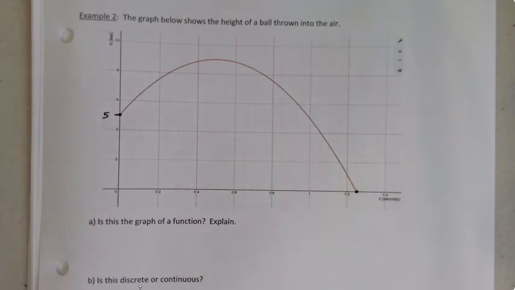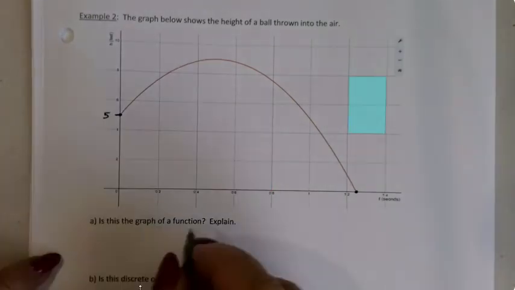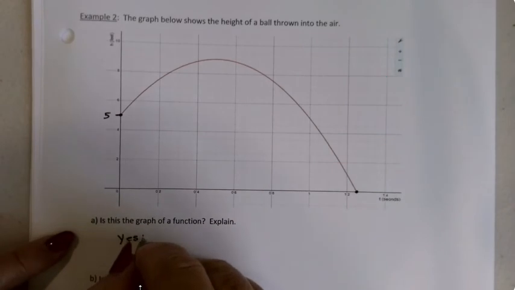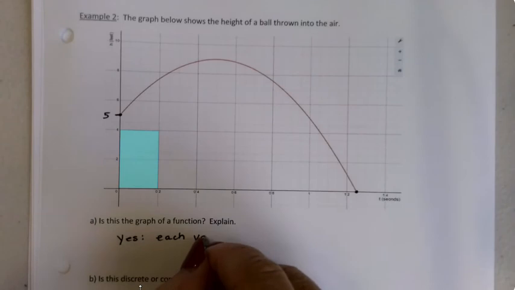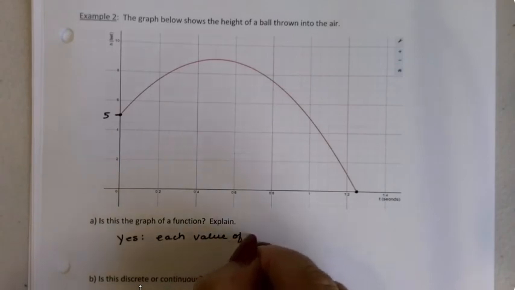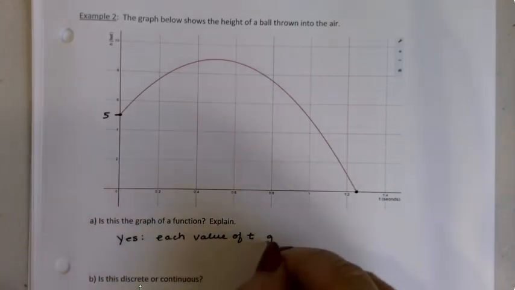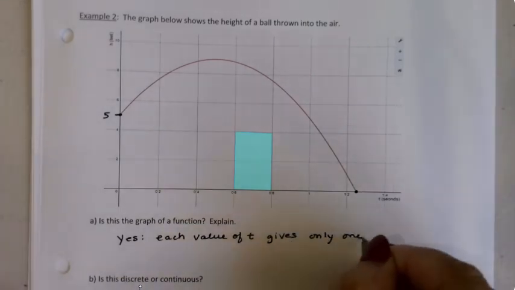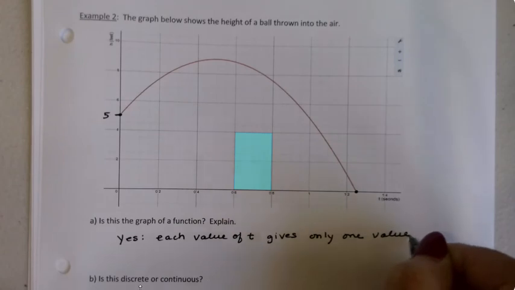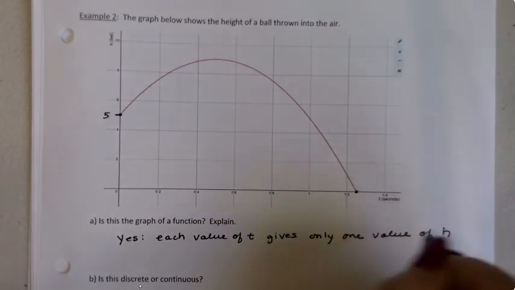At any time, how many different places can the ball be? Well, just one. So I'm going to say yes. Each value of t gives only one value of h being the height here.